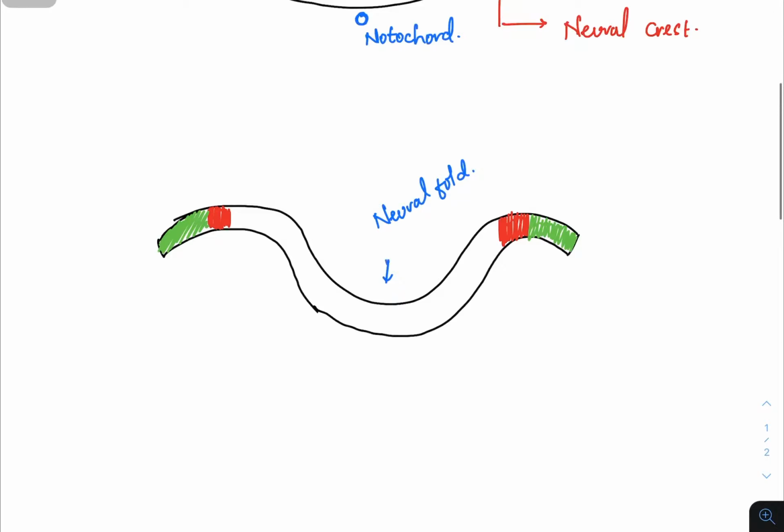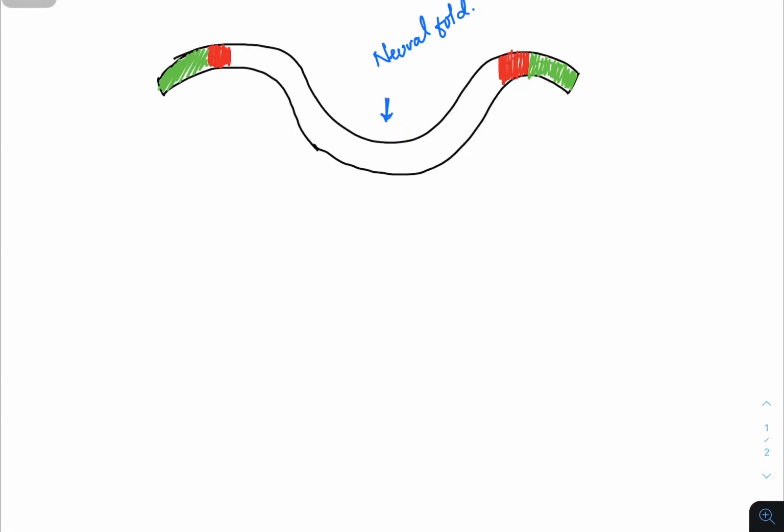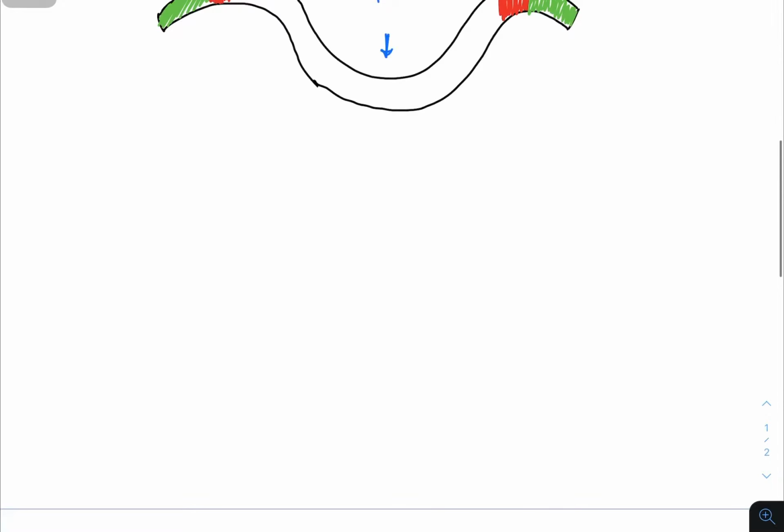Now this fold further increases in depth. When this fold further increases in depth, what will be formed?